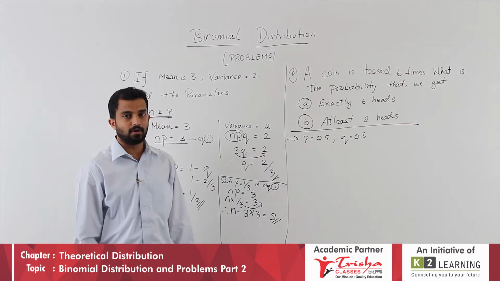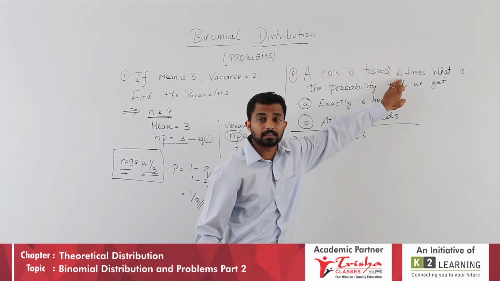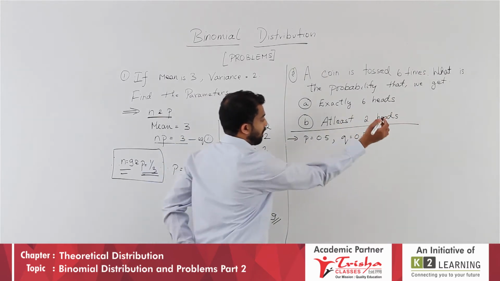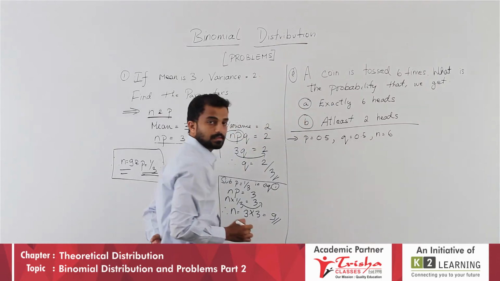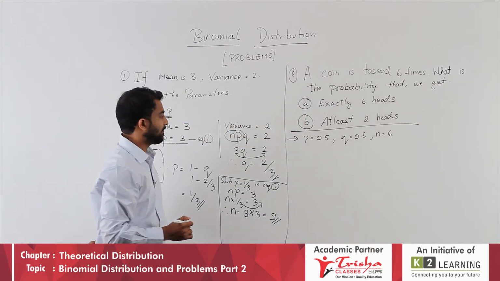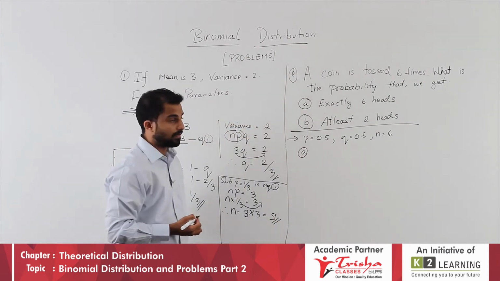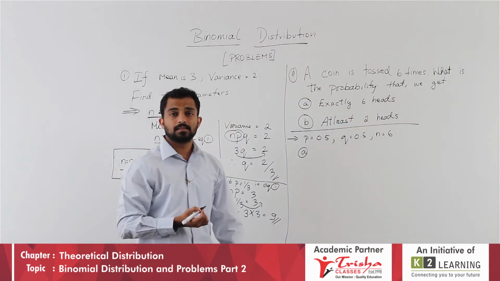What is the other information given? A coin is tossed how many times? It is tossed 6 times. That means number of trials, n is also given to me as 6. Let us analyze the first question. A. They have given what is the probability that we get exactly 6 heads.